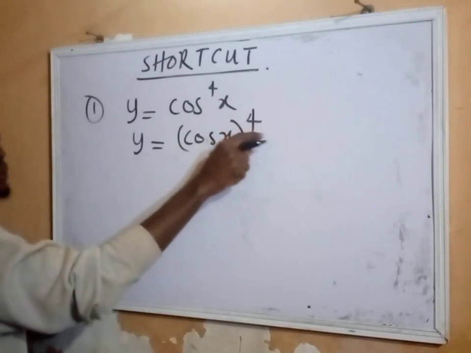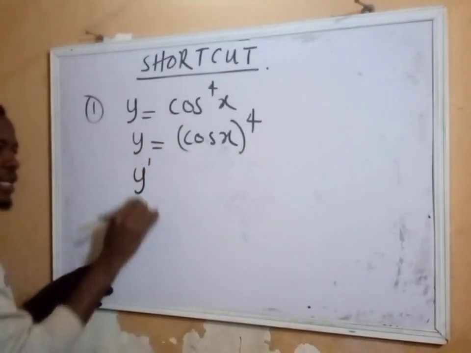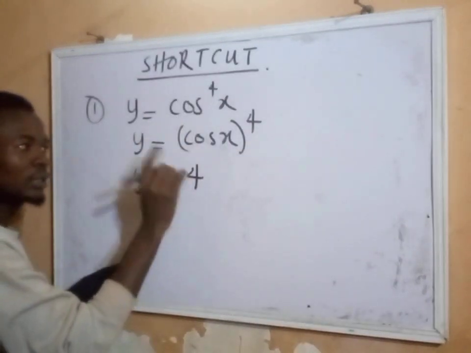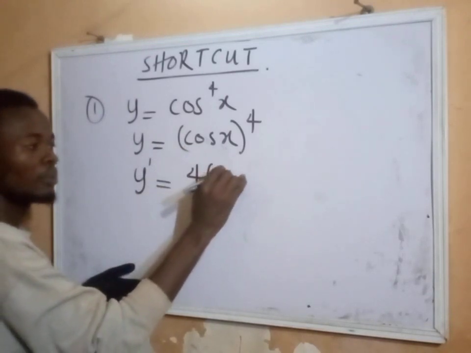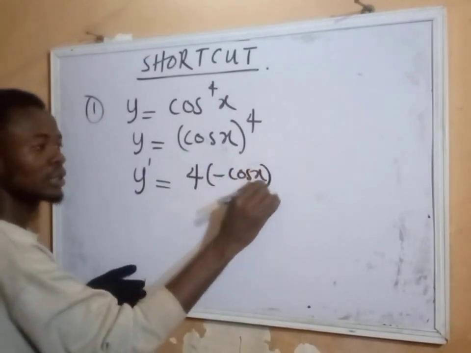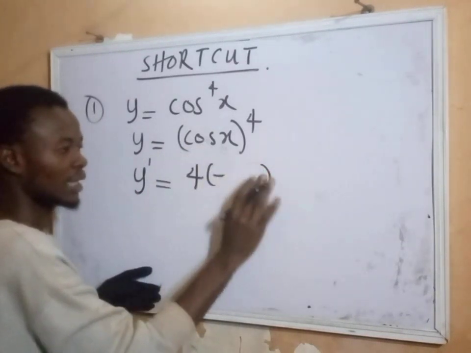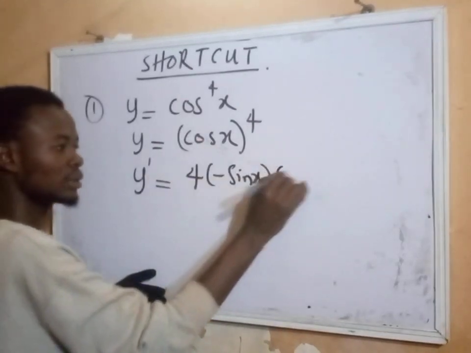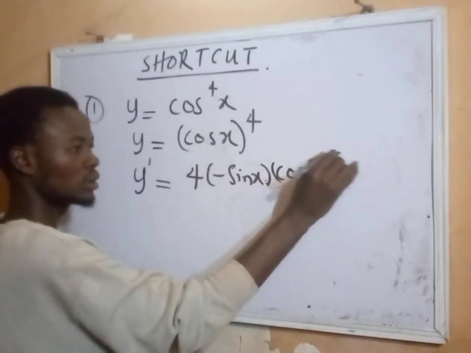The first thing is this power, you take it back. You're applying the derivative now. That is y prime. Take this 4 back. Then differentiate cos x, and you're going to have minus sine x. We write this again, we have cos of x, and subtract 1 from the power, that is 3.